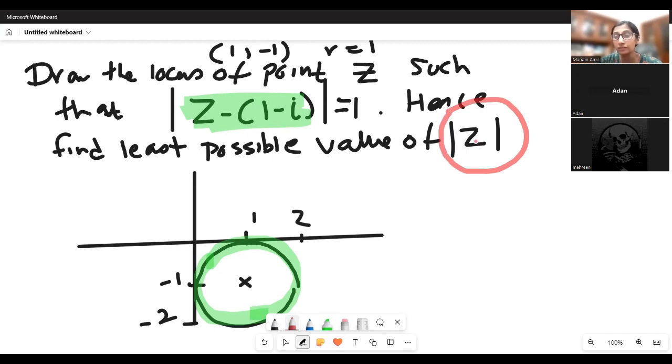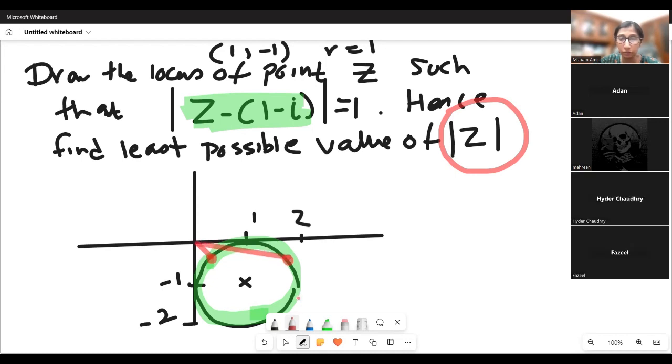Modulus is the distance of a point from the origin. So out of these infinite points on the circle, which point will have the minimum distance from the origin? That's going to be this point here. This distance is the smallest, not this distance. This is definitely bigger than the first one. This is definitely bigger. And I think this would be the biggest distance.